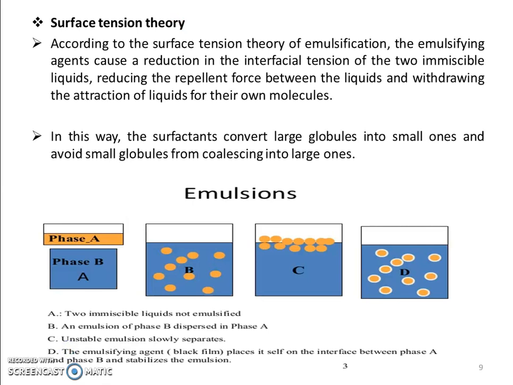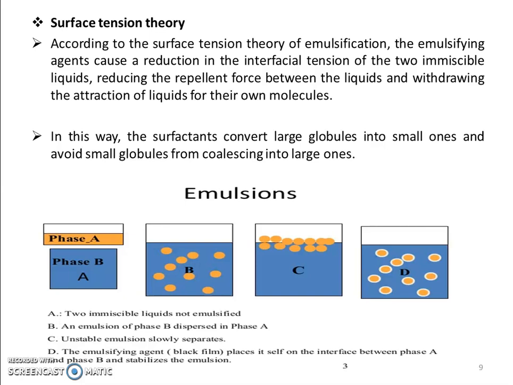According to the surface tension theory of emulsification, the emulsifying agent causes a reduction in the interfacial tension of the two immiscible liquids, reduces the repellent force between the liquids and withdraws the attraction of the liquids for their own molecules.